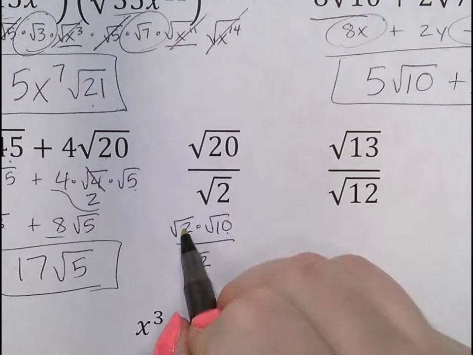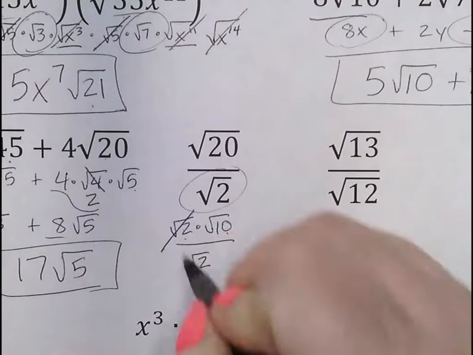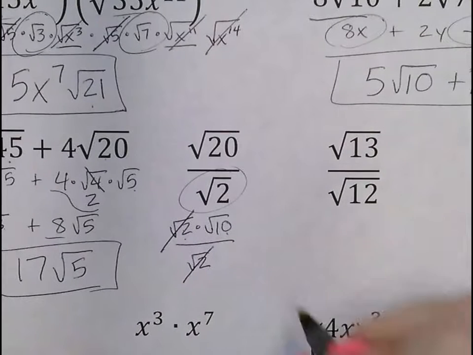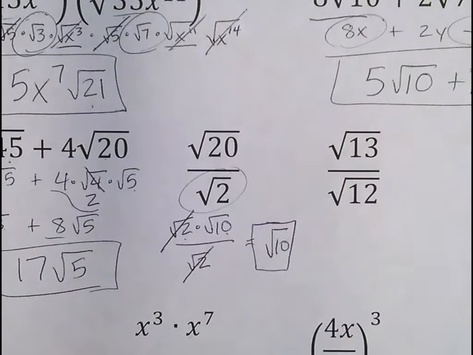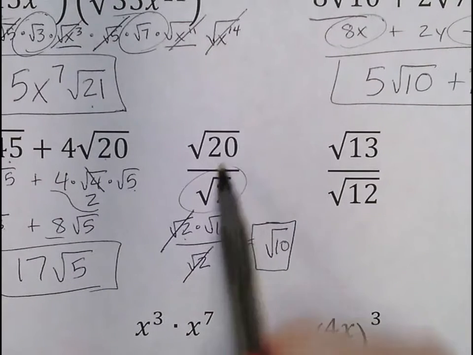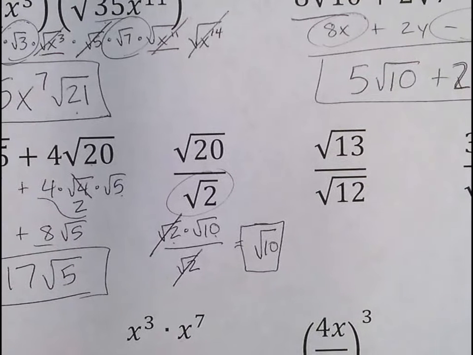I've chosen to break it down this way because I saw that in the denominator there was already a radical 2. The radical 2 cancels the radical 2, leaving us with nothing but the square root of 10. Nothing to simplify, nothing to rationalize. We could have simplified the square root of 20 first, but it actually would have ended up making things a little more complicated.